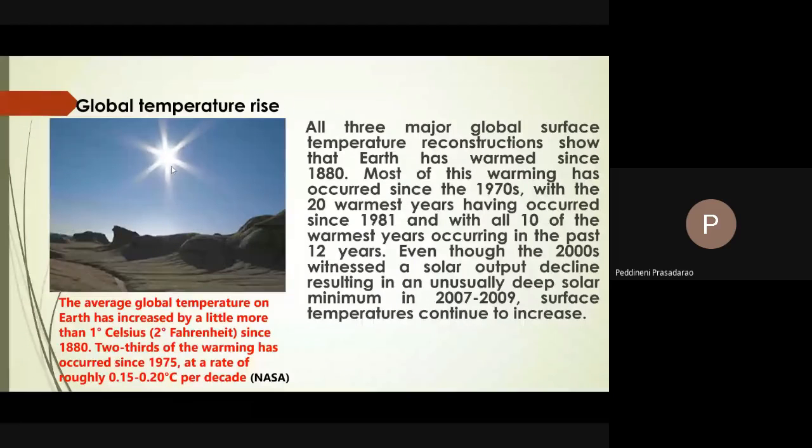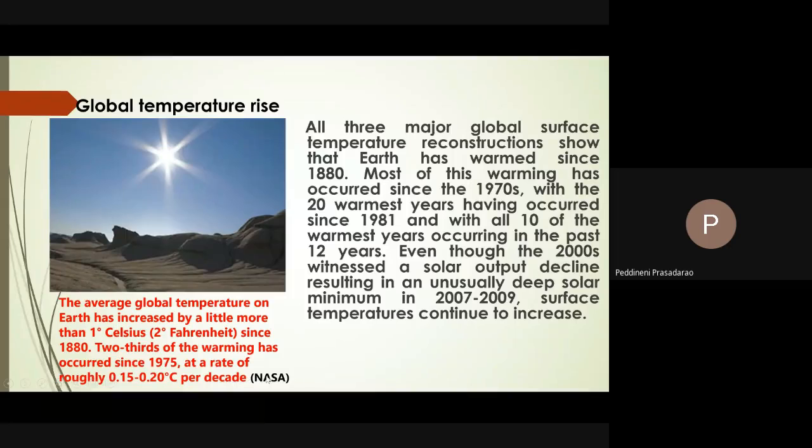This is exactly what global warming is: a slow and steady increase in temperature, and one has to accept it. The average global temperature on Earth has increased by a little more than 1 degree Celsius since 1880. Two-thirds of the warming has occurred since 1975 at a rate of roughly 0.15 to 0.20 degrees per decade.